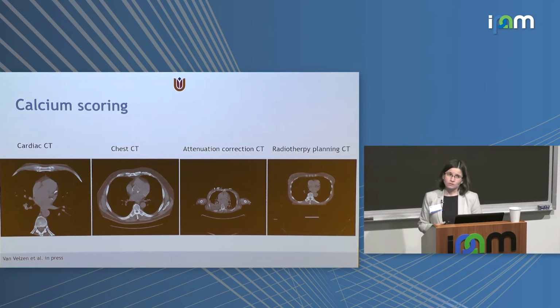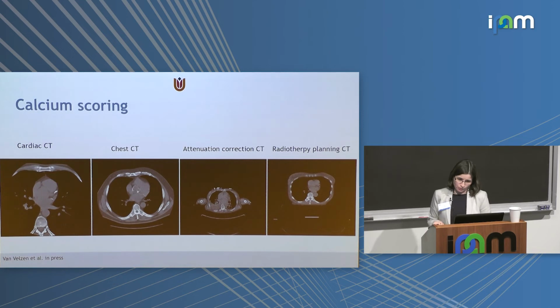We have a project running in UMC Utrecht, where we want to see whether we can identify before the treatment which patients have pre-existing cardiovascular disease, and maybe eventually, if we can show the relation with the treatment, in these patients the treatment option of the cancers could be optimized, having this knowledge.